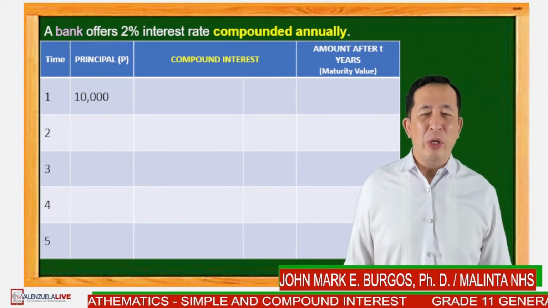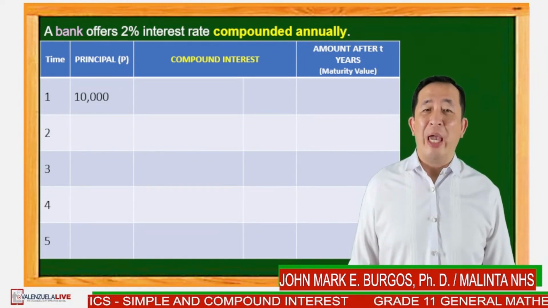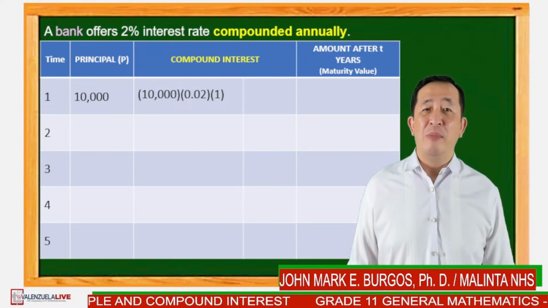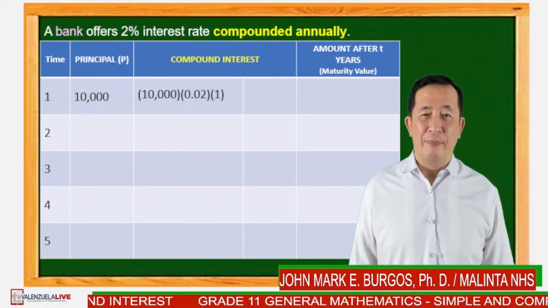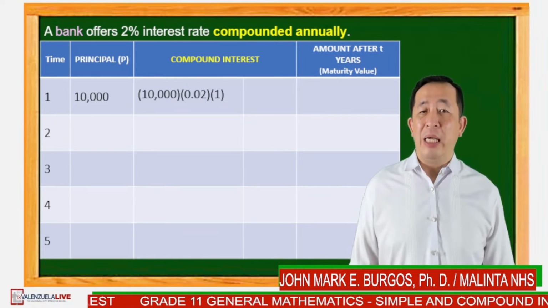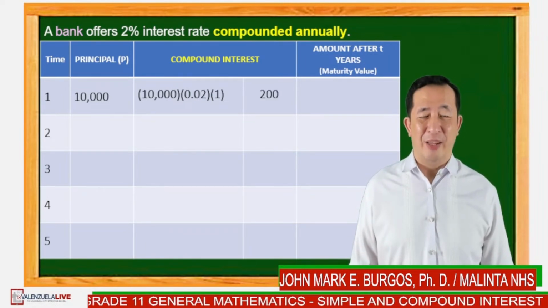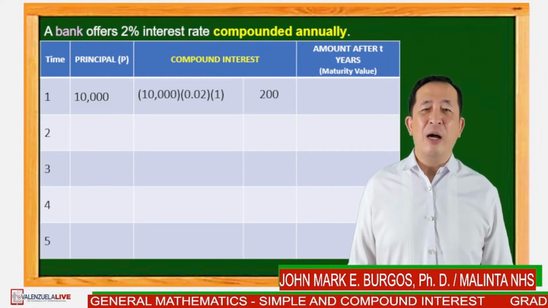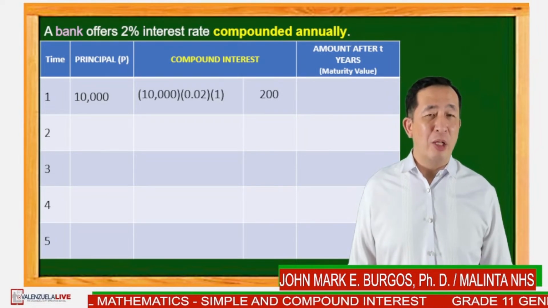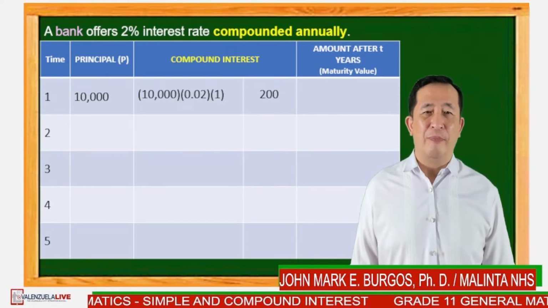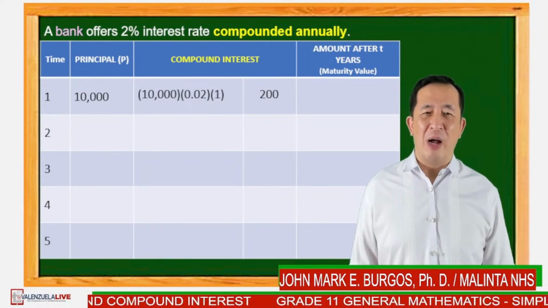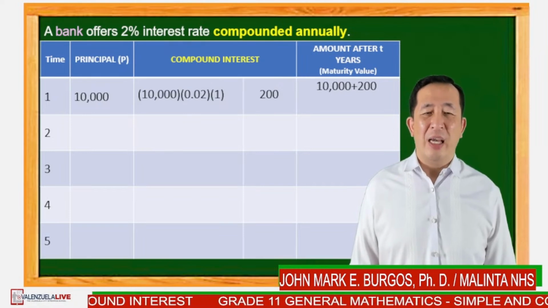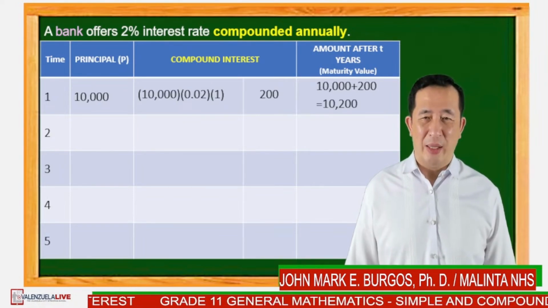To compute with the compound interest, we have 10,000 times 0.02 or 2% times 1. And the compound interest will be 200 pesos. Add the compound interest or the computed compound interest to the principal, we have the maturity value of 10,000 plus 200 is equal to 10,200.